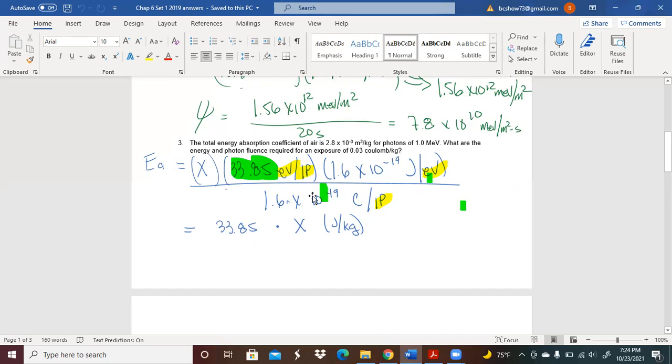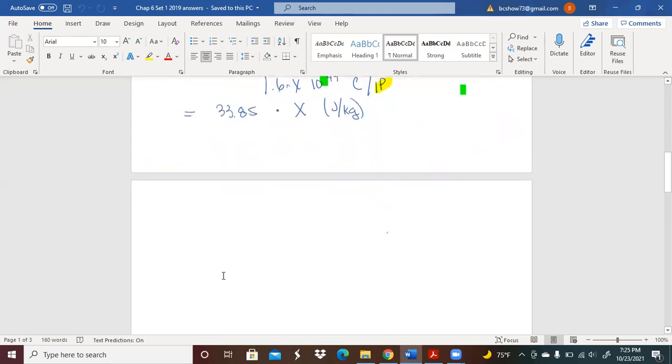And if you're going to find out exactly how many coulombs of charge is produced with this, then we're going to take 1.6 times 10 to the minus 19th coulombs per ionized pair, which is the charge of the electron. So this is converting this into joules per kilogram. This is what we're going to be looking at.